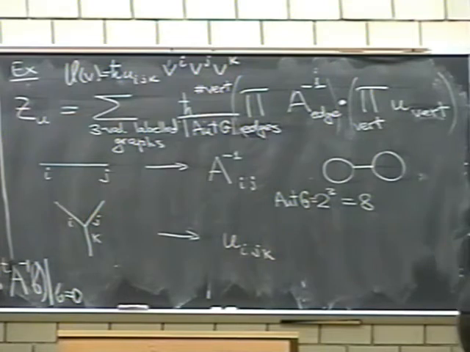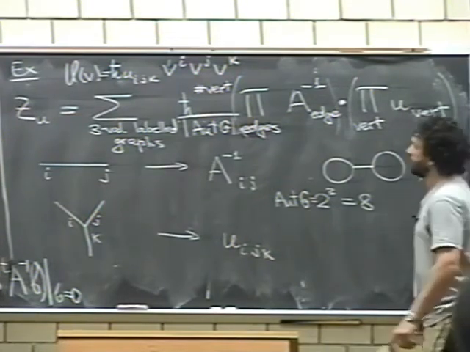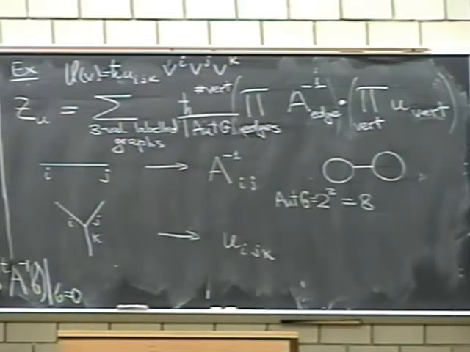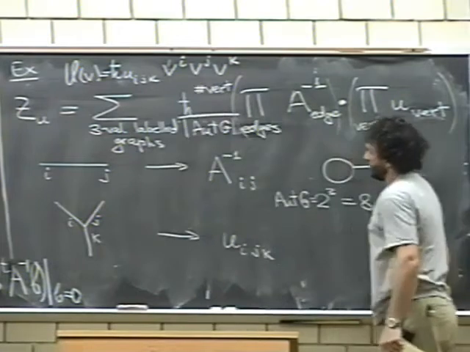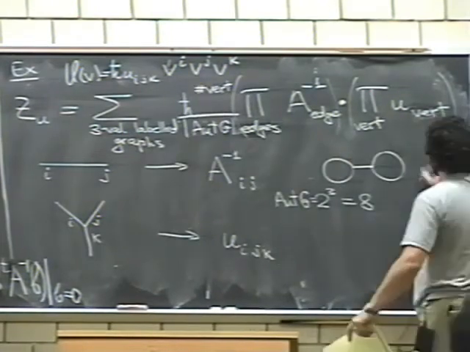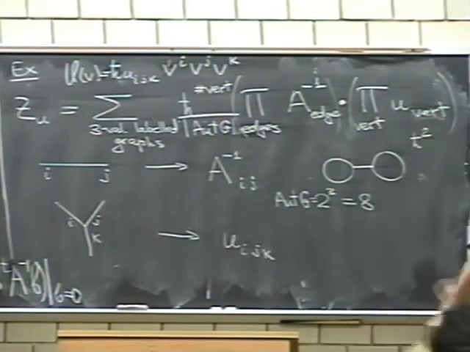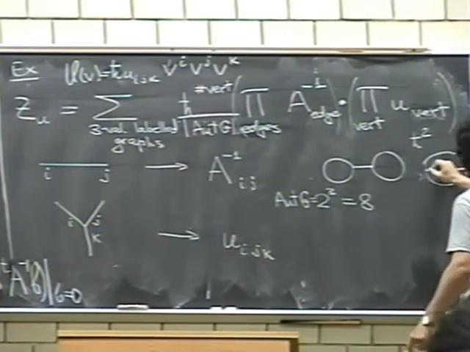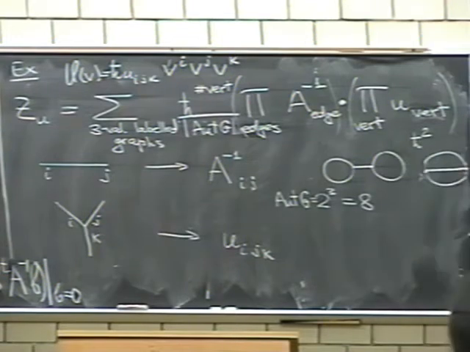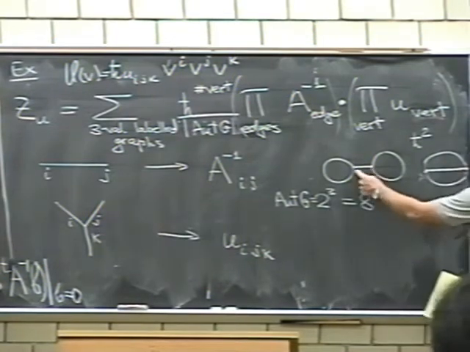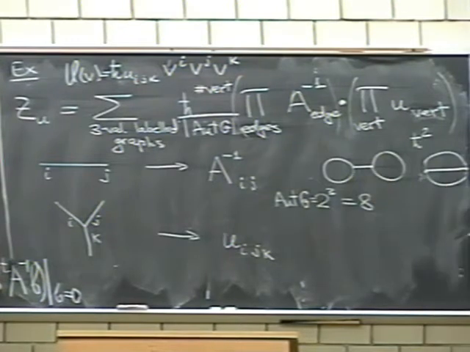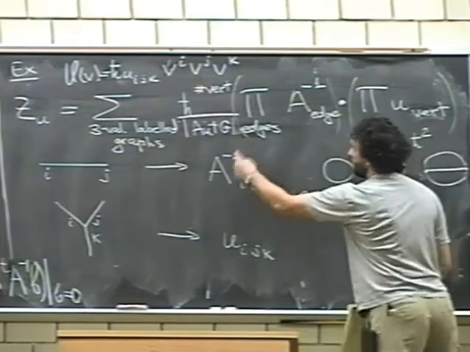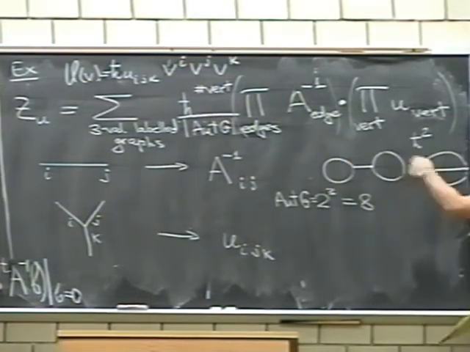So that was all last time. In particular, we've seen that for this particular example of the cubic potential, the terms of degree h squared correspond to just 2 graphs, one like this and another like that, which means that I have a product of 2 U's, here and here, and then a product of 3 A inverses sitting on the edges.